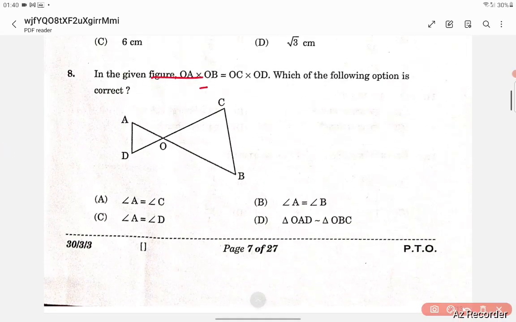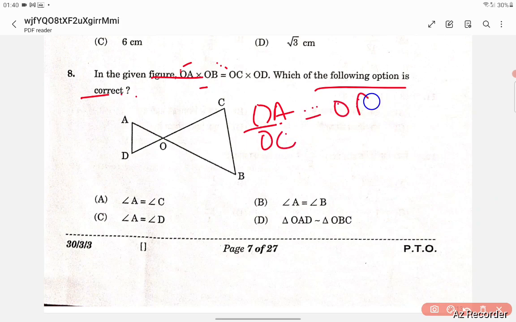In the given figure, OA into OB equals OC into OD. Which of the following options is correct? Now if they are equal, we will formulate the ratios. So OA upon OC is equal to OD upon OB.